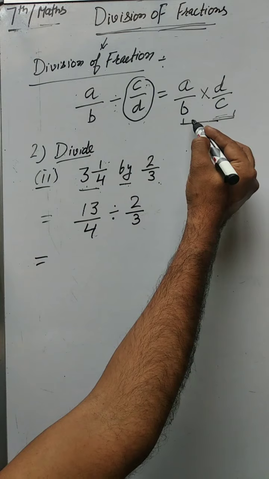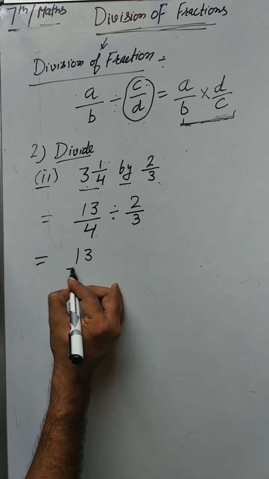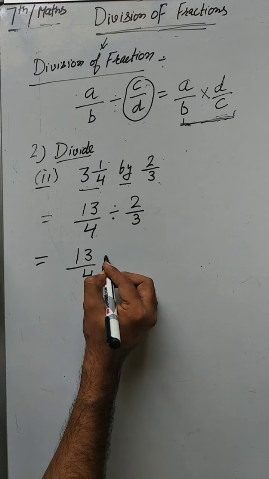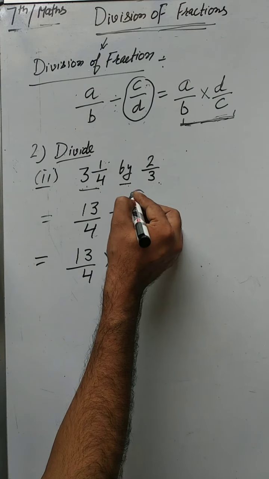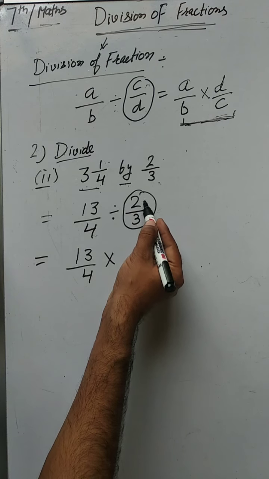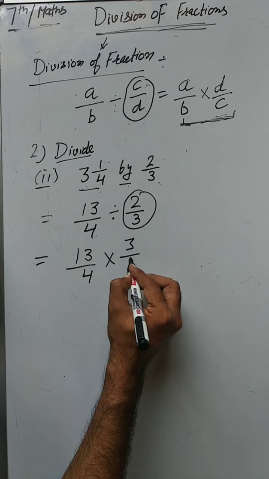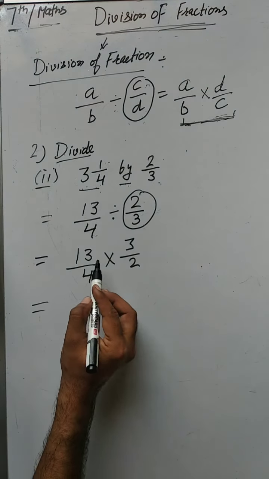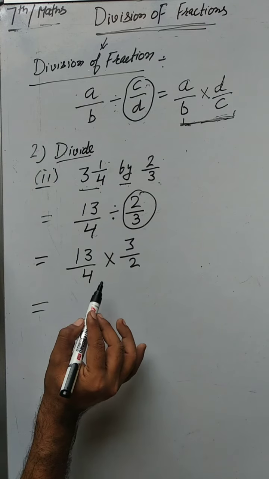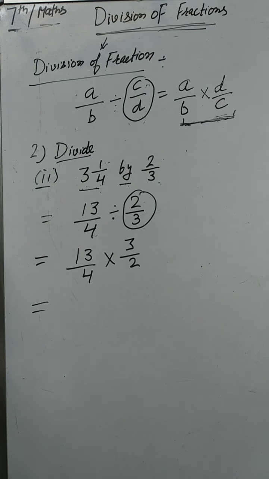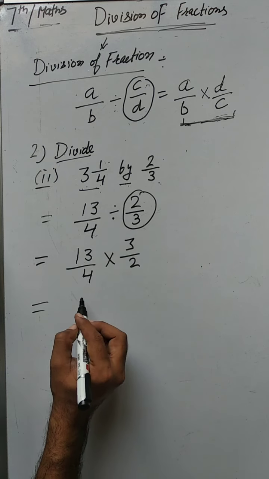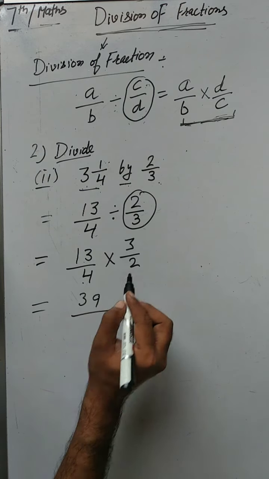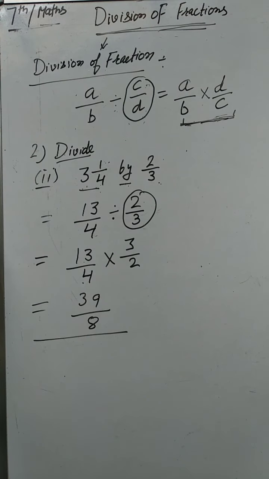Now look beta, as I explained there, keep the first fraction as it is, change division into multiply, and write here the reciprocal of that. The reciprocal of 2 upon 3 will be 3 upon 2. Understood beta? Now the question is simple like multiplication. Now look, is anything common? Nothing is common in numerator and denominator. So simply multiply 13 with 3, 39, and 4 into 2, 8. This is your answer. Understood beta? Clear?